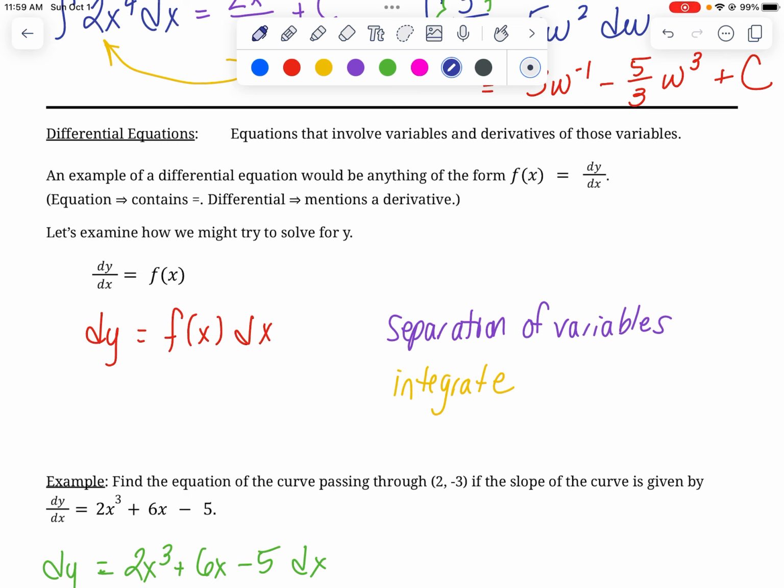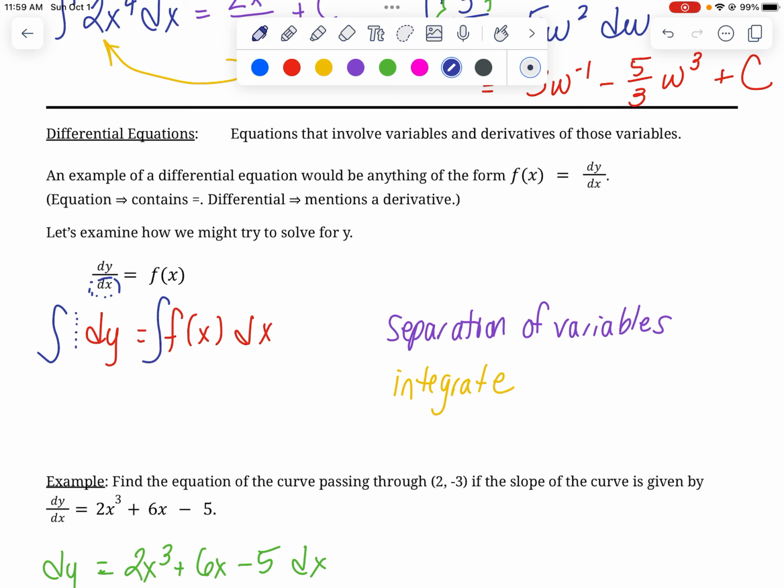So separation of variables means you put all the x-type things on one side, all the y-type things on the other. So it's as if I just multiplied through by dx. That's a little bit of being fast and loose with what dx means, but it works, okay? Then we're going to integrate both sides. And so we think about having this 1 here.